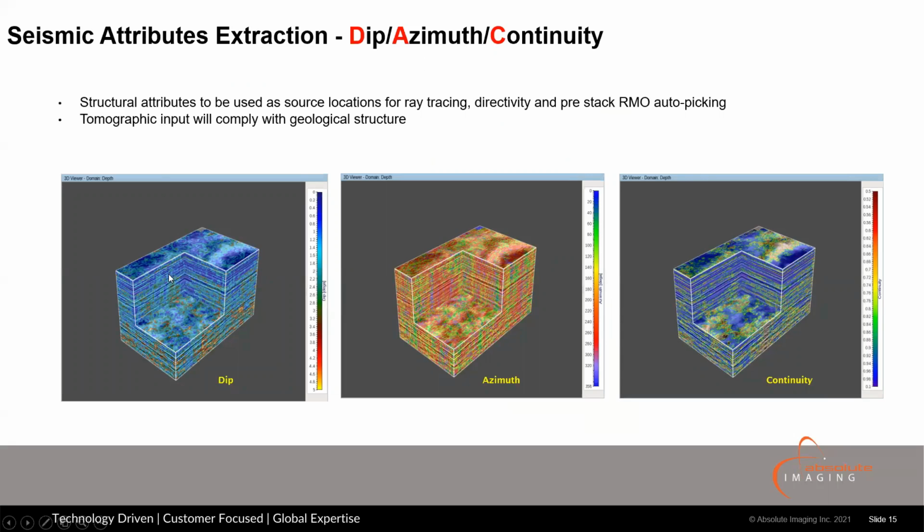This can be used in tomography as a source location for shooting the rays. That will enable our tomographic solution to comply with the geological structure underneath, because we're going to be shooting more realistic rays, not just a pure mathematics approach, right?